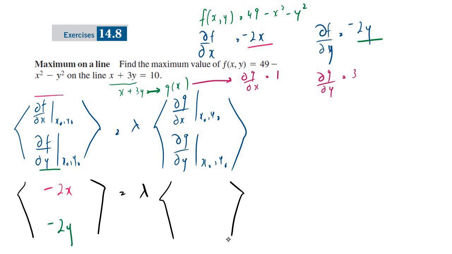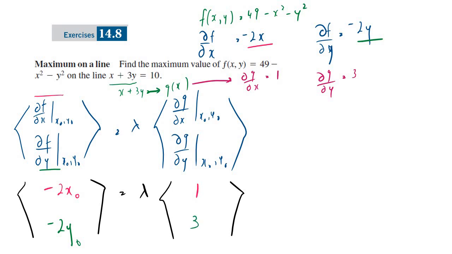Of course, we know that this is at a critical point, so for now we'll write it as x0, y0. Then we look at g: with respect to x it would be 1, with respect to y, written in green, it would be 3.